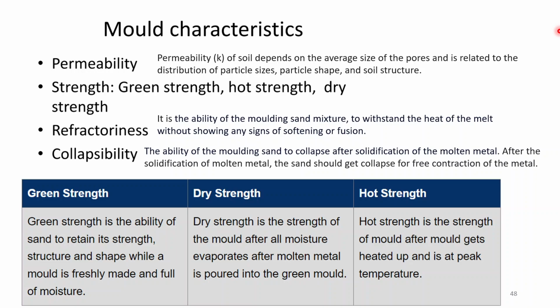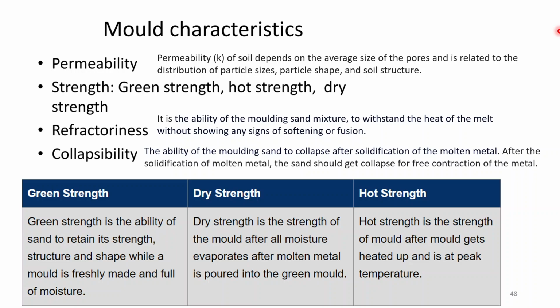Dry strength is the strength of the mold after all moisture evaporates after molten metal is poured into the green mold. Hot strength is the strength of the mold after the mold gets heated up and is at peak temperature.